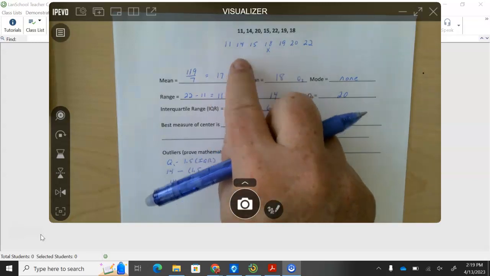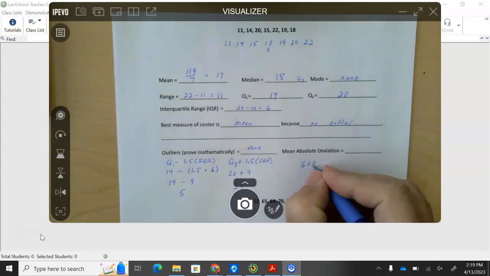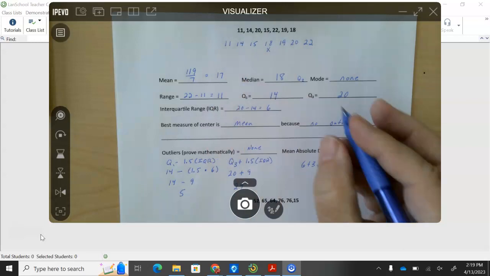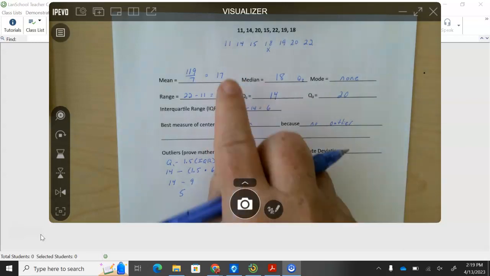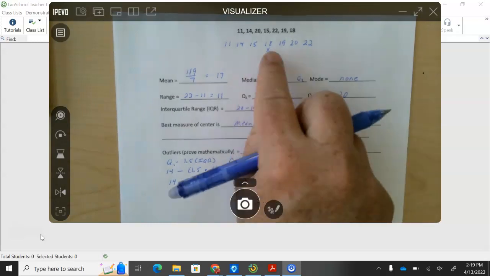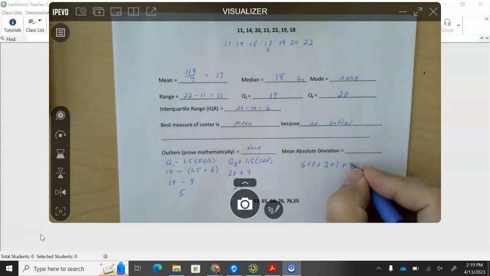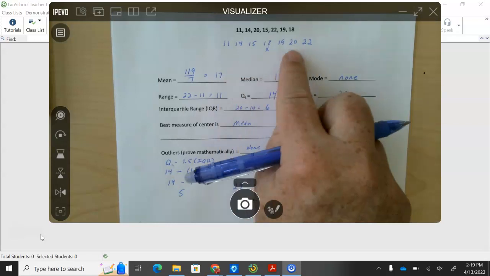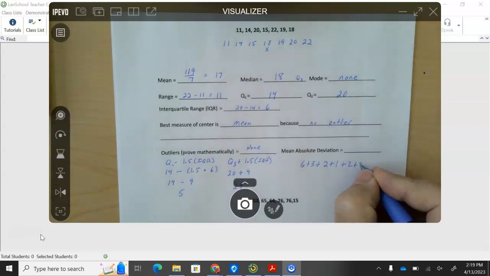How far away is 14? 3. How far away is 15? 2. How far away is 18? 1. How far away is 19? 2. How far away is 20? 3. And 22 is 5.